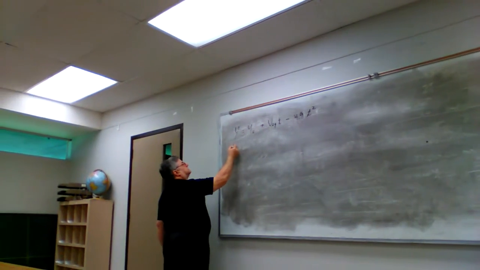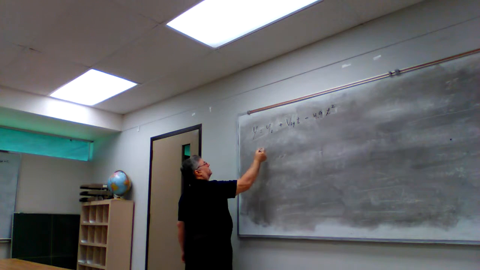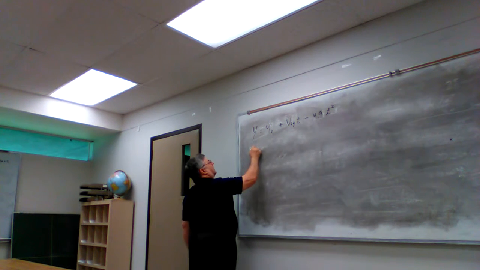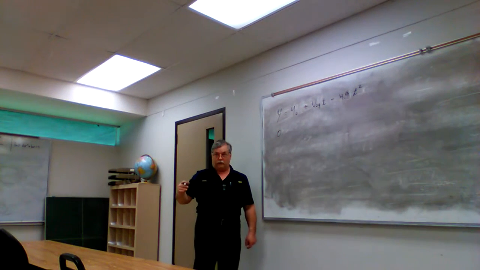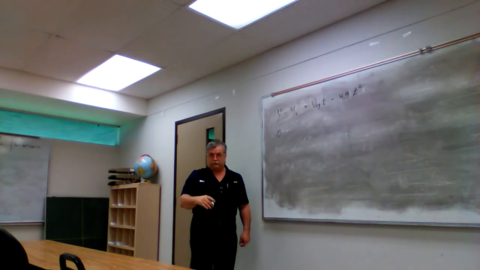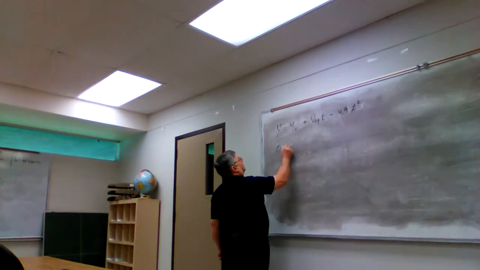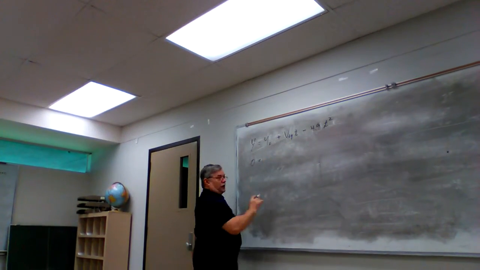Now, in this case, when you want to find out when the water hits the ground, so when does it come back to 0? Well, it starts off at 0.